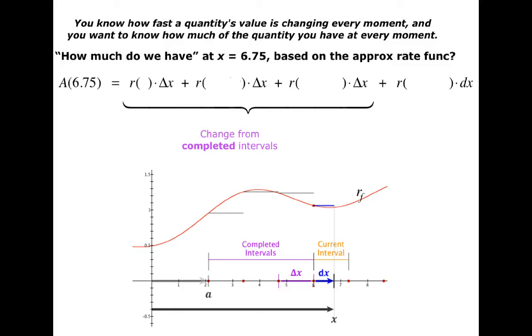Don't use anything to do with J. But you still can use everything else: A, delta X, whatever. J is just reserved for the numbers of the completed intervals. Does that make sense? You're not just going to put delta X with one, right? No, A plus one delta X.